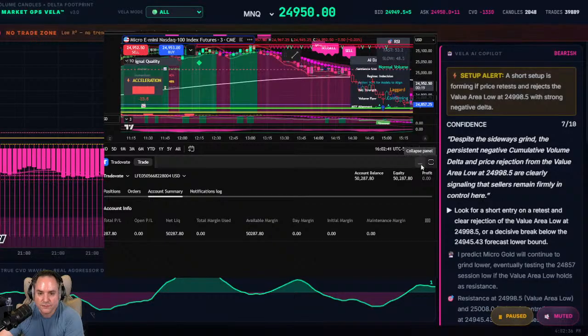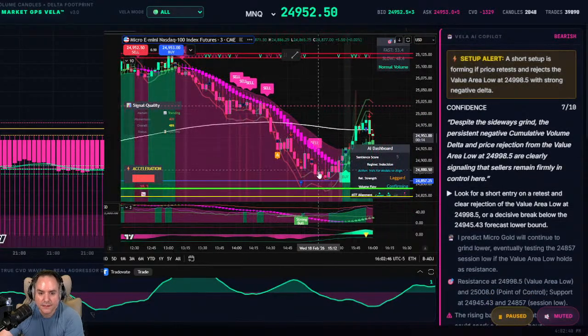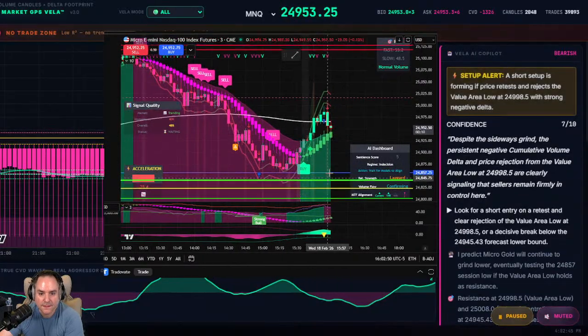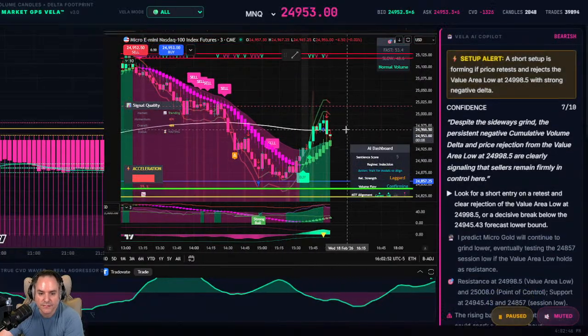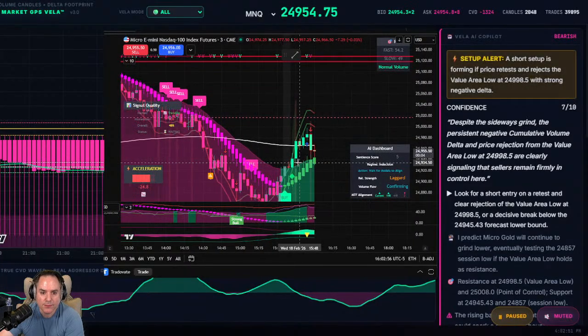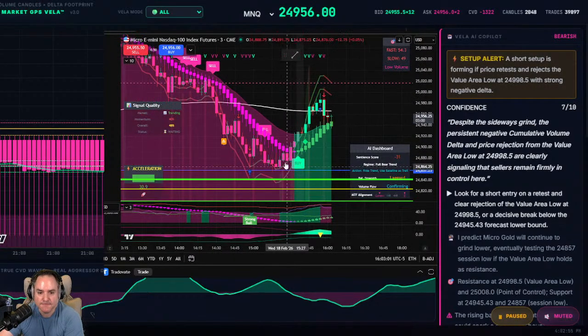Basically the key is keep your winners as big as you can, keep your losers as small as you can. And the point is, we left the day in green, and that's what counts.